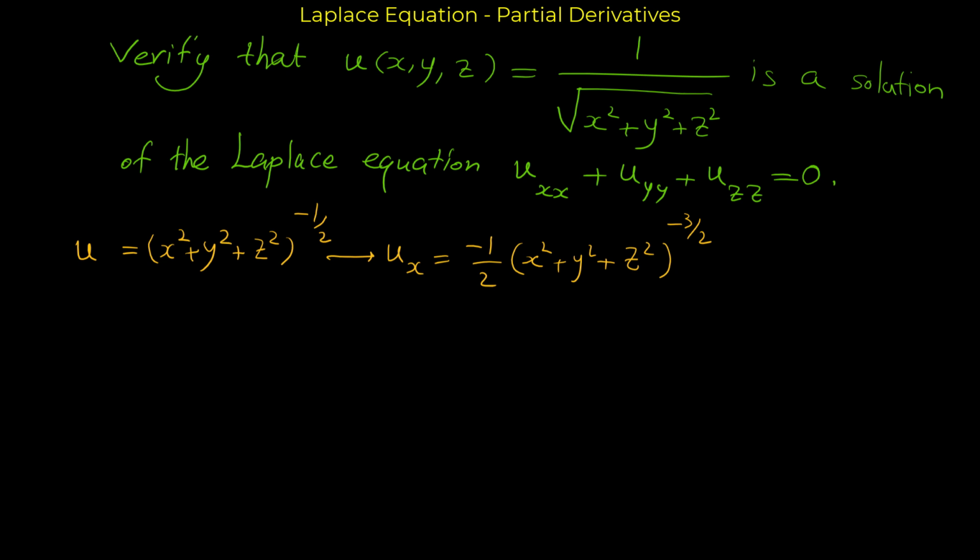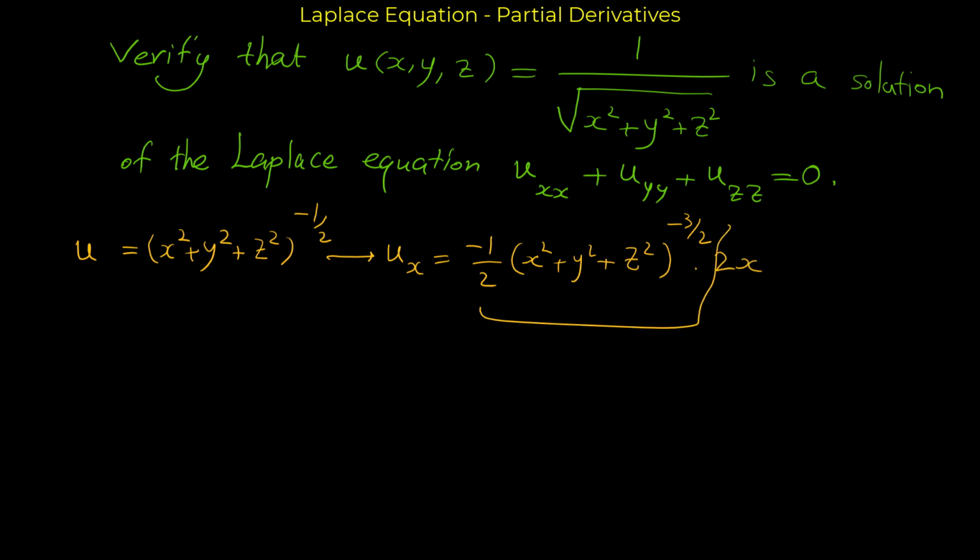No. Always remember the chain rule. For the derivative with respect to x, take the derivative of the outside times the derivative of the inside. The derivative of the bracket, x² + y² + z², with respect to x. Attention, we are finding the derivative with respect to x. The derivative of the inside with respect to x would be simply 2x, because the derivative of x² is 2x, and the derivatives of the other terms are 0.